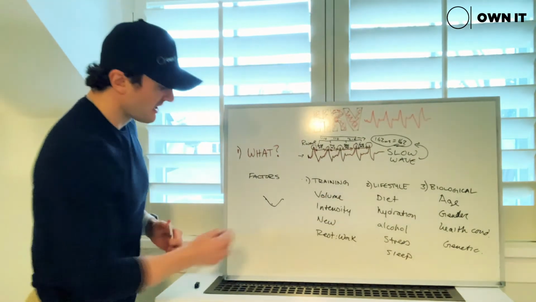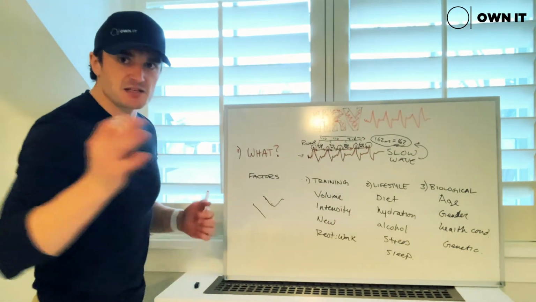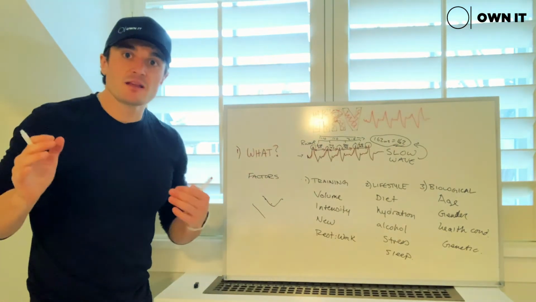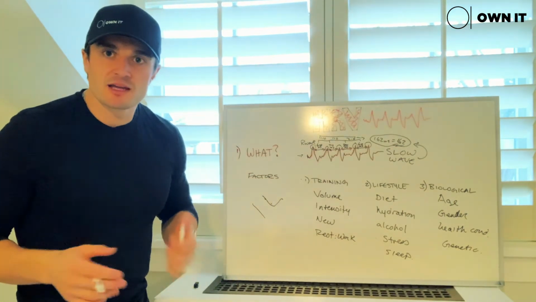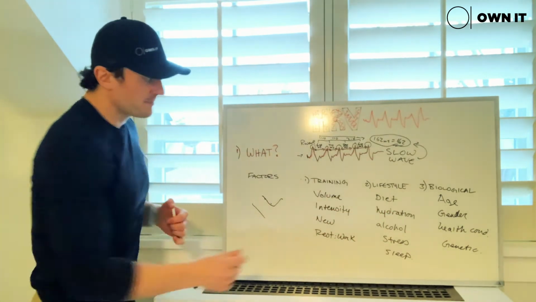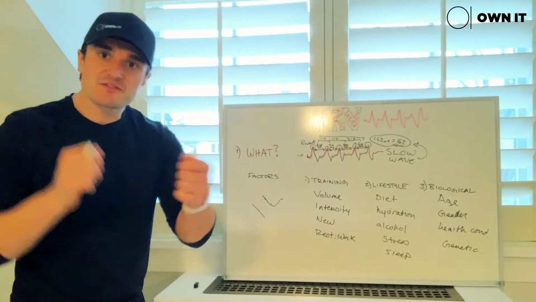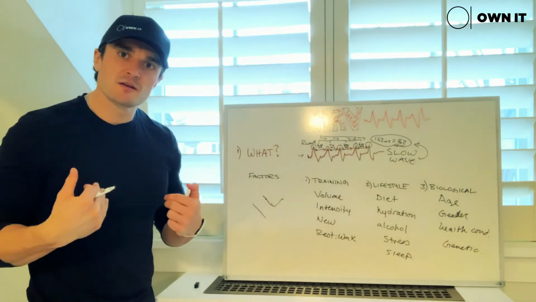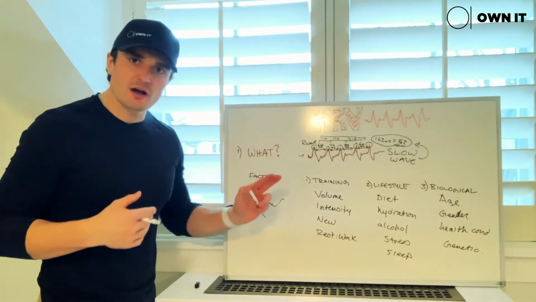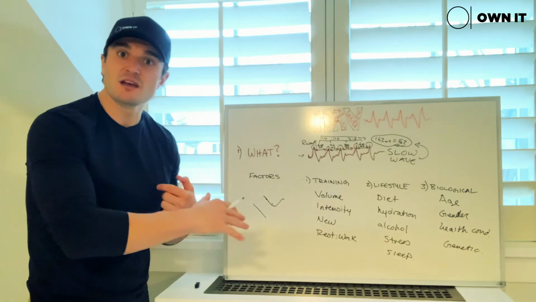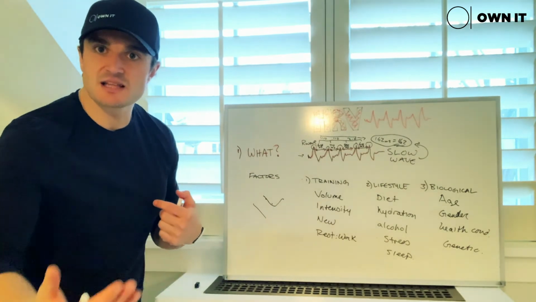Because if we see a decreased HRV, it doesn't mean that we're overtraining and have to stop training. It doesn't mean that we're not getting good sleep, that we're stressed out, or that we have a chronic illness. It could be a multitude of factors that we have to start putting the pieces together on, but it all starts with awareness. The moment we're aware of what's going on is the moment we can take it into our own hands and create the change that's necessary.